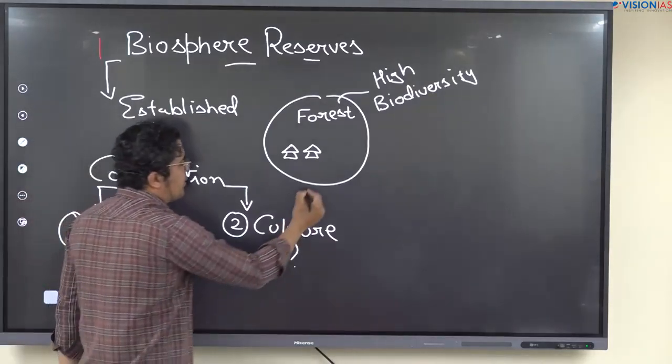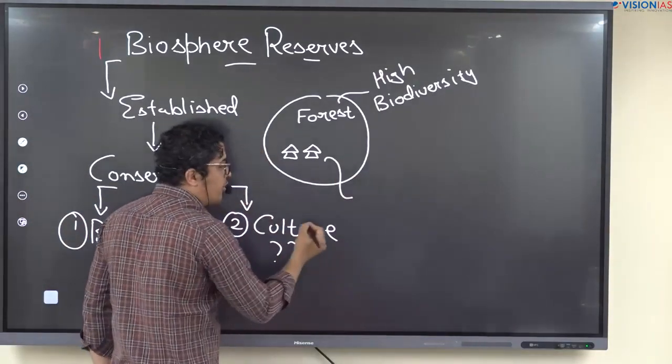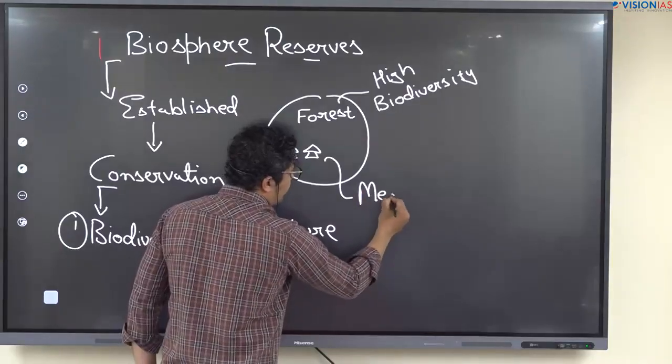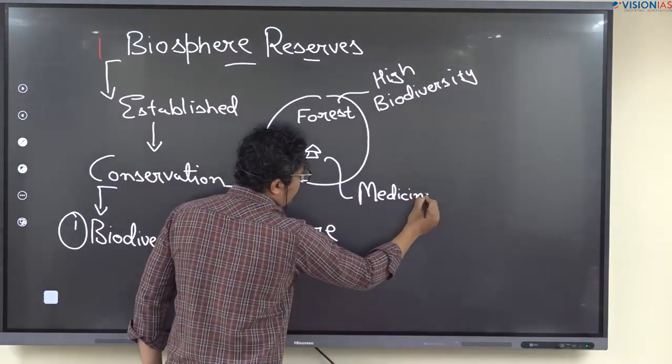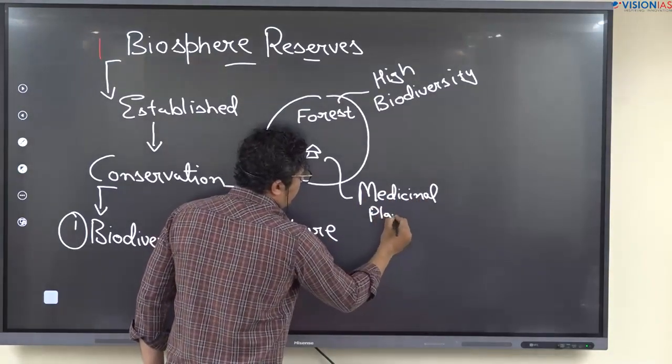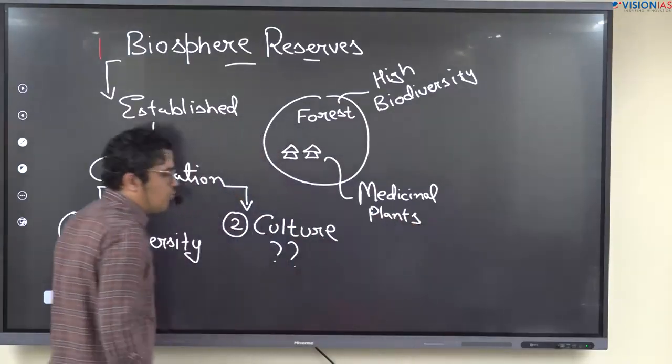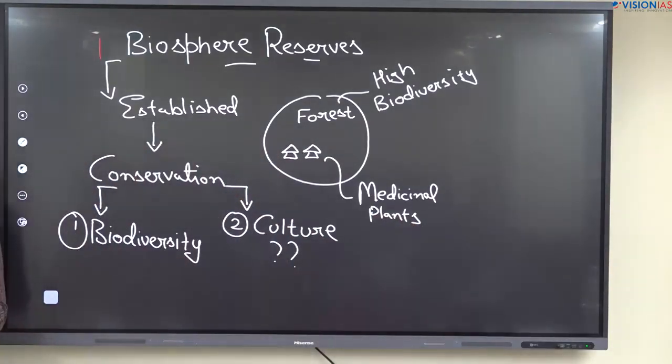And suppose this tribe has the knowledge of medicinal plants. They know the usage of medicinal plants. They know if you are suffering from fever, which plant can treat you. If you have a stomach ache, which plant can treat you. So this is their knowledge.